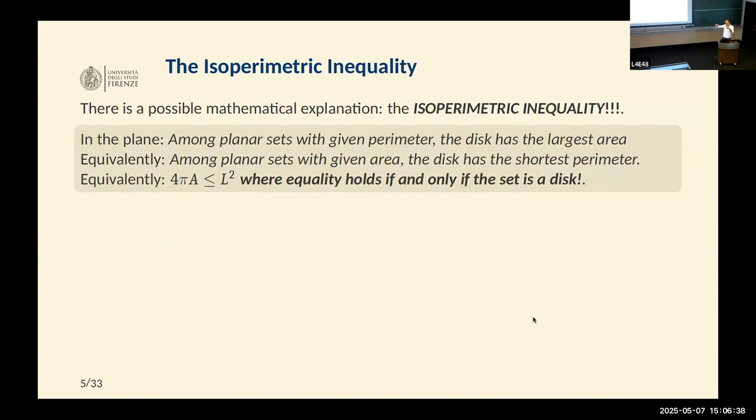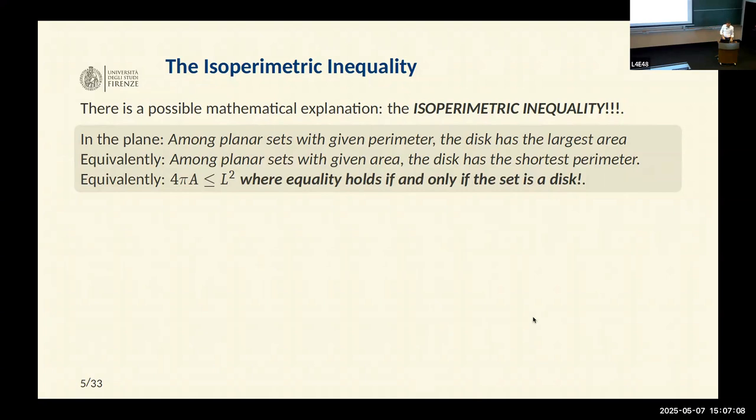So you have fixed the perimeter. Think of a rope that you want to dispose in such a way as to surround the biggest possible set. The rope is fixed. If you put it like a circle, then you have the disk inside, and this is the maximum of area that you can surround. Equivalently, if you fix the area, then the disk has the minimum perimeter.